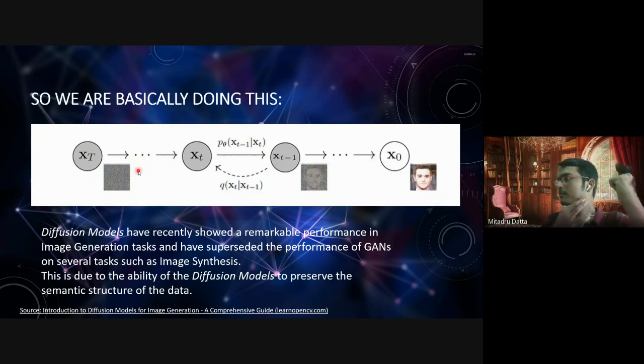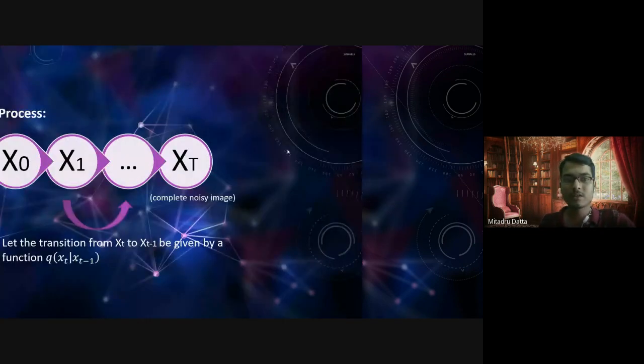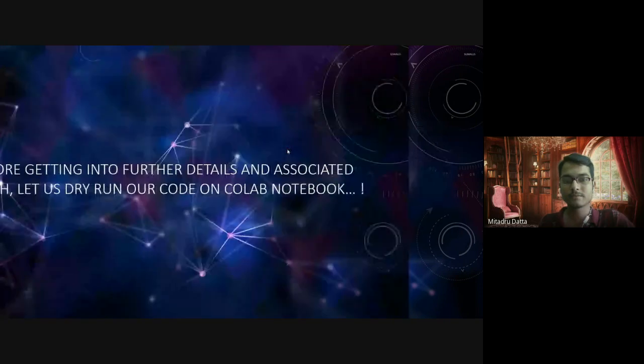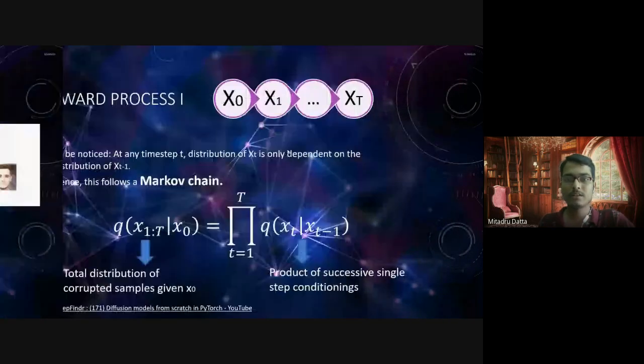But we collect images from different timestamps and then feed them into our UNet architecture, which would basically detect how much noise should be subtracted from the combined image. That we will see today. So this was basically our forward process, and so yeah, let us just start with today's.